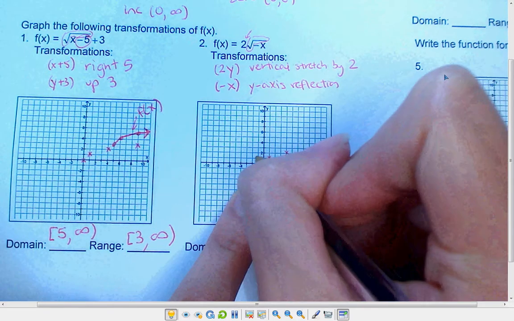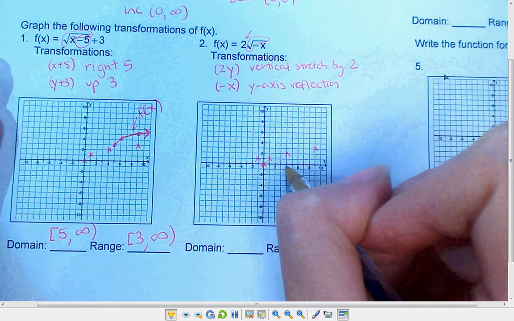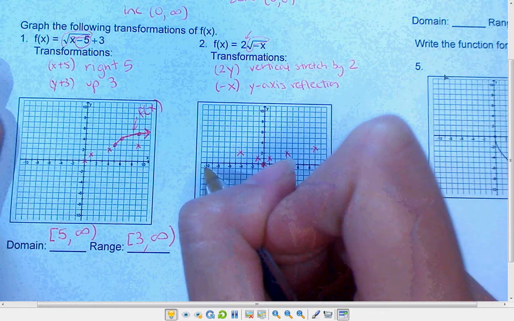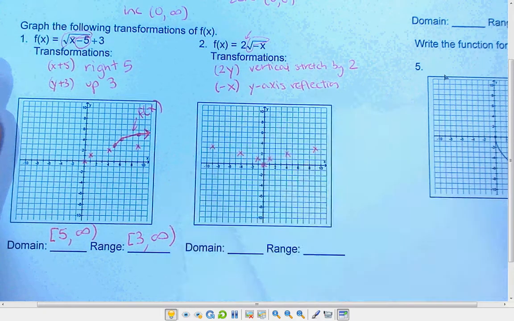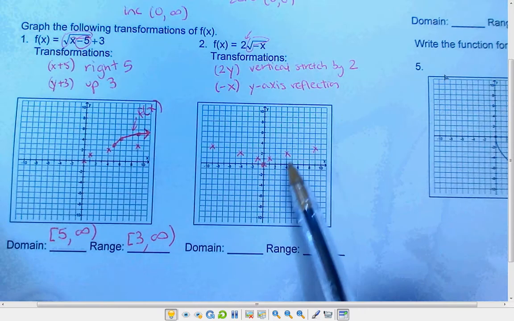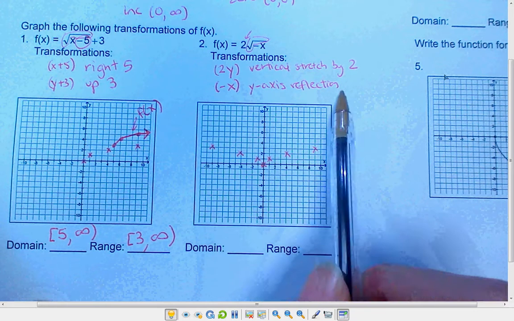So this one ends up right here. So it's now (-1, 1). (4, 2) becomes (-4, 2). (9, 3) becomes (-9, 3). So see how all I did is reflect these across this. So now it's been reflected across my y-axis, and I've done this first step right here.